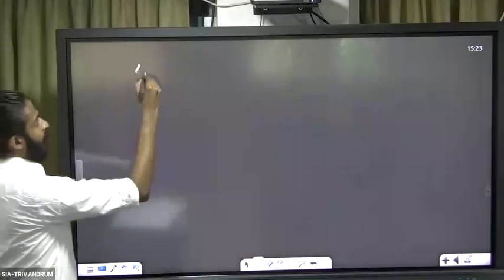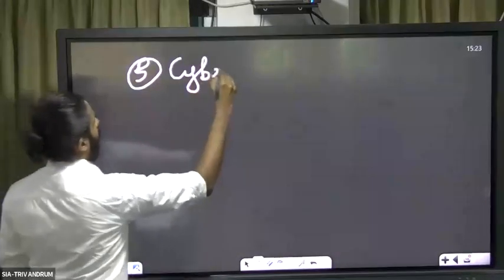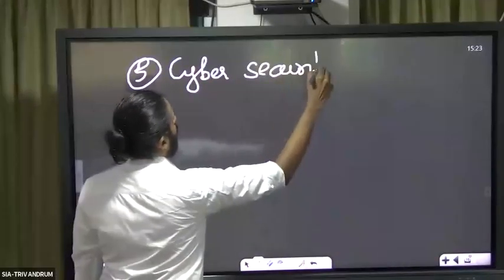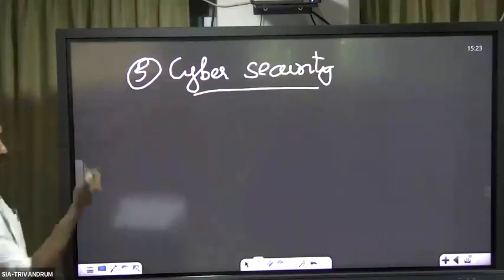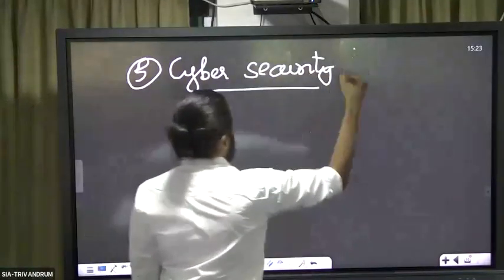Then cyber security. Cyber security and applications or organizations provisions.